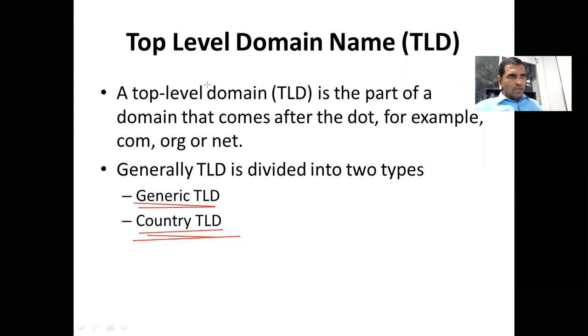Now look at the first one. It is generic TLD. In my second example, I have shown you google.com. That is the domain name. So what is the TLD? Com. When we see the top level domain name com, none of us identified the country, but we all identified that organization as a profitable institution or profitable company.